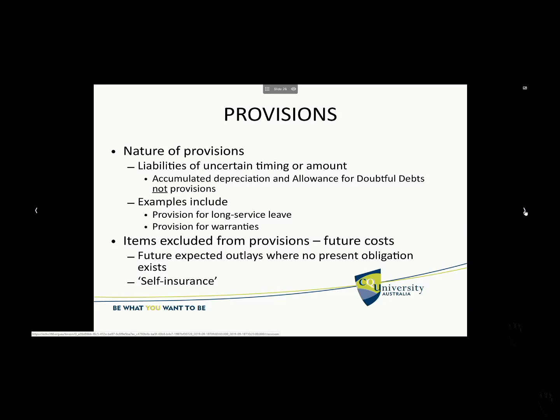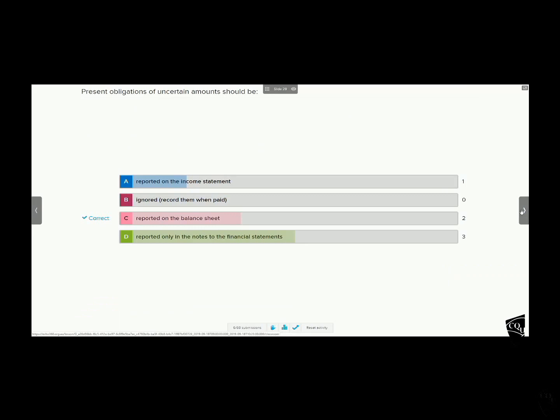Okay, that's what a provision is. And so we have a liability, a present obligation of uncertain amount. And therefore, it is reported on the balance sheet, in the liabilities section of the balance sheet. Okay? I thought that would make everyone think.